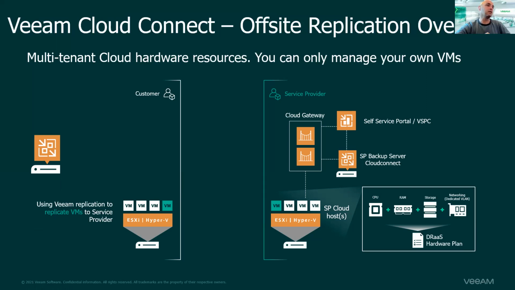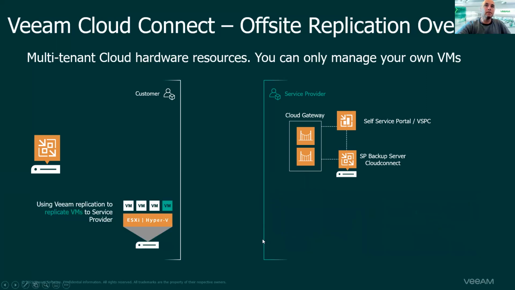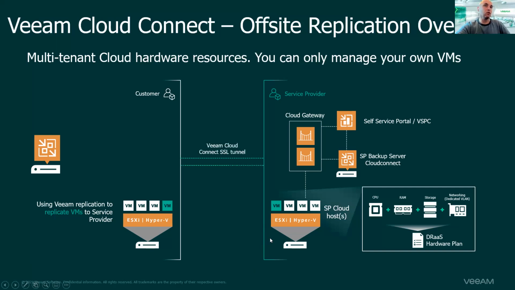And a hardware plan is just a number of CPU resources, RAM resources, a little bit of storage, and of course some networking, which is dedicated for this tenant, for this customer, to run the replicated VM in case of a disaster, or in case of emergency. And of course, all connected to the same Veeam Cloud Connect SSL tunnel.